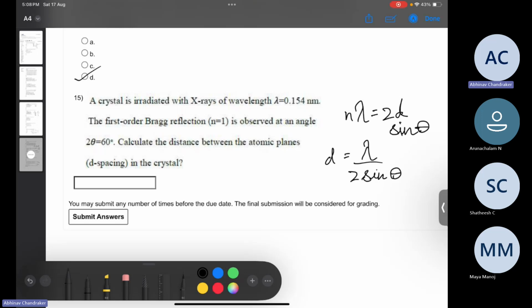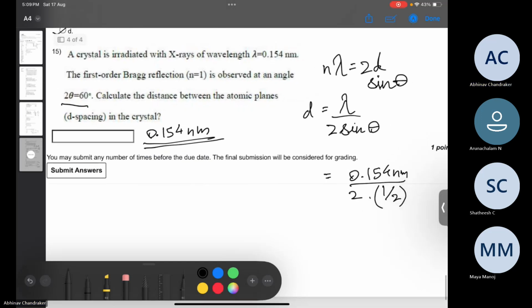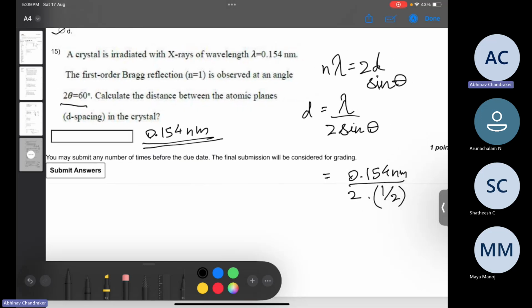Theta is 30 degrees. So this will be equal to 0.154 nanometer divided by 2 into sine 30. Sine 30 degree is 1 by 2. So the d spacing is equal to 0.154 nanometer, same as the wavelength of the X-ray.